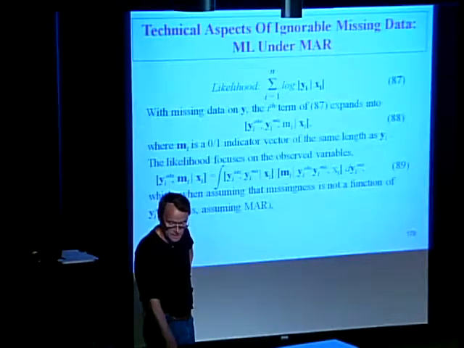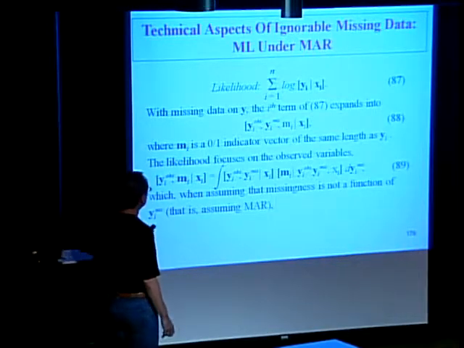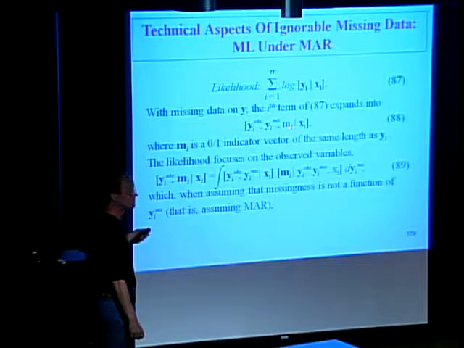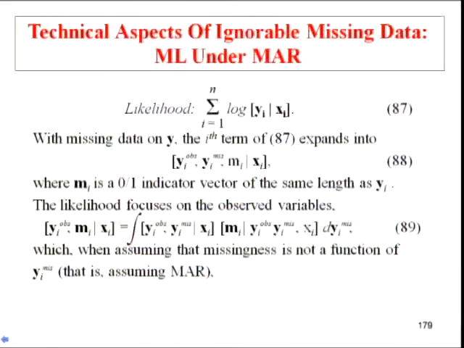What these pages say, 179, is that the data that you observe is not only Y and X, but also M. What's M? M is whether or not a variable is missing. It's a binary variable. It's a variable too.